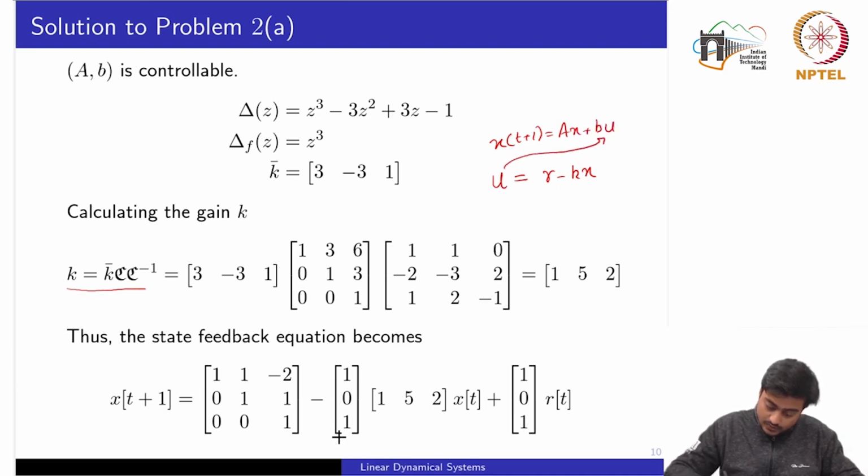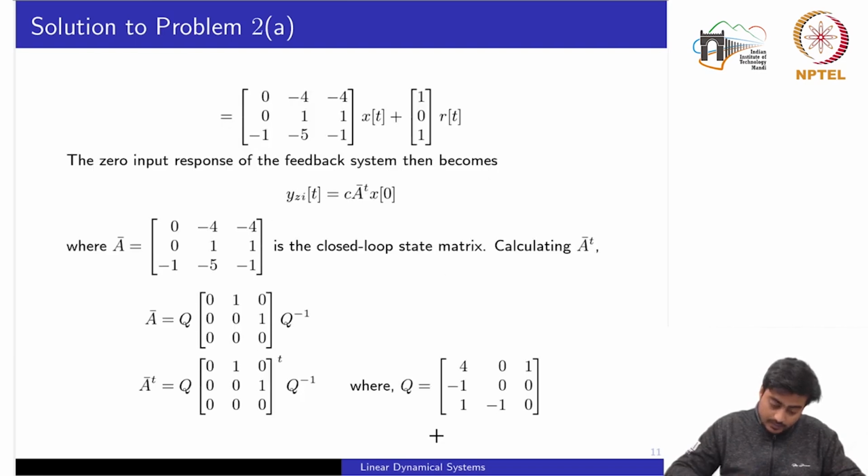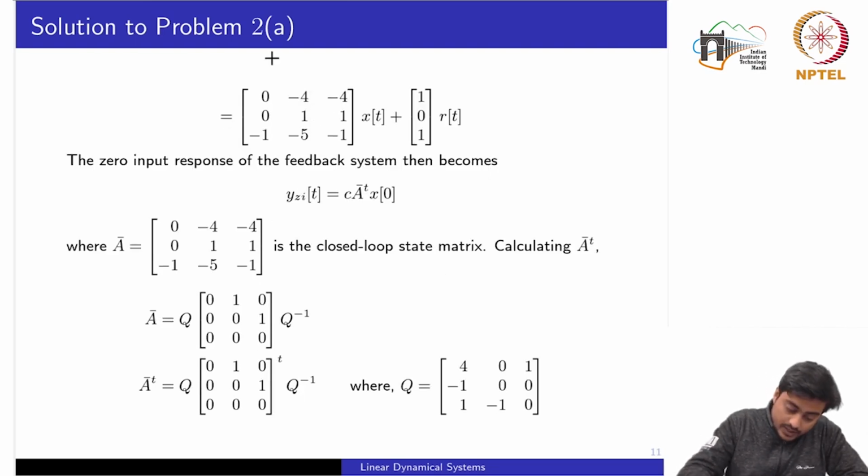Substituting this u, we obtain this directly. And finally, the closed loop state matrix is given by this, which we are assigning as A bar. So this would be the closed loop state matrix, and this is the distribution matrix with respect to the reference signal.